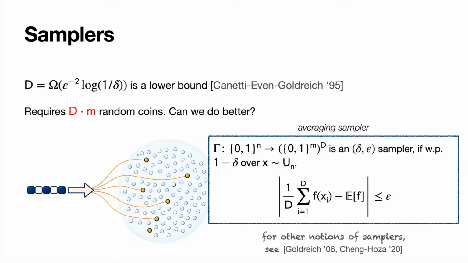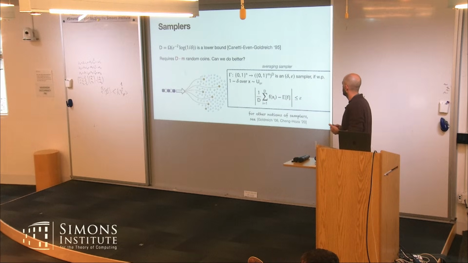Is the definition clear? What, sorry? F here? It's f of the uniform distribution. What? F of gamma of xi. Summation. Oh, yeah, sorry, yes. F of gamma of xi.